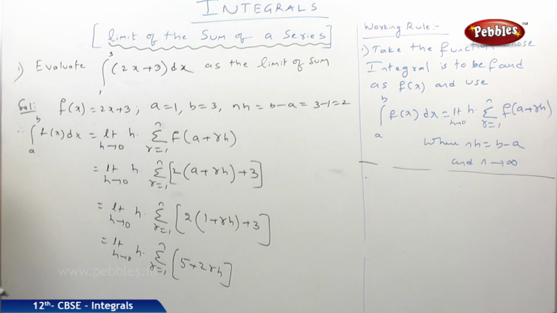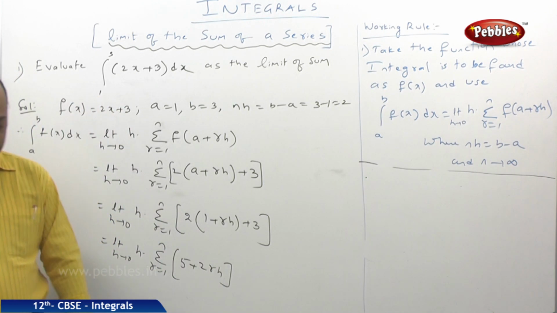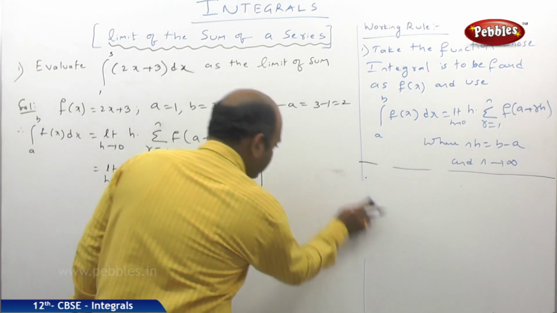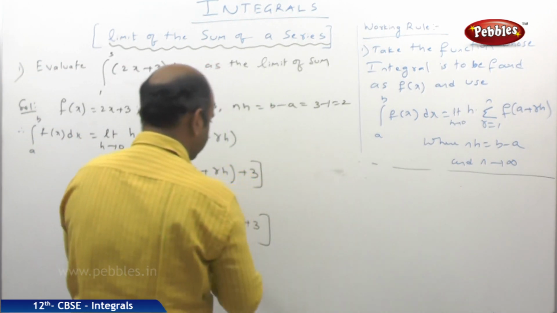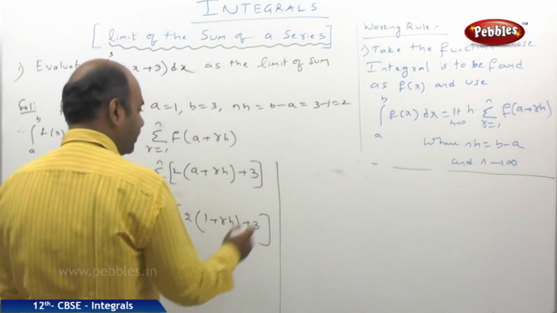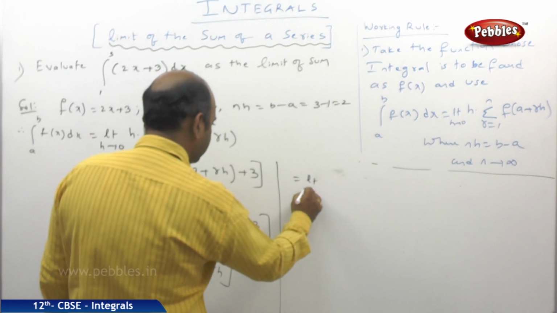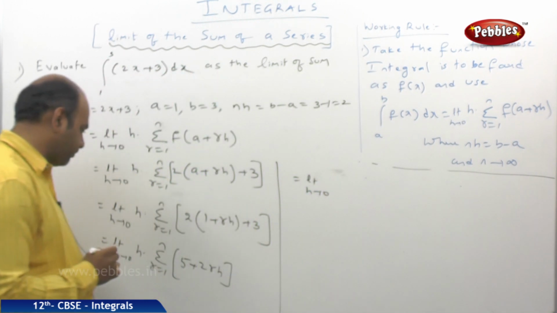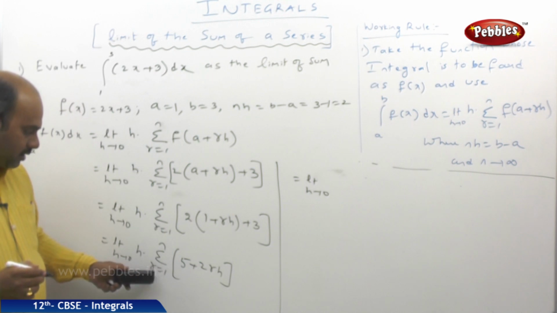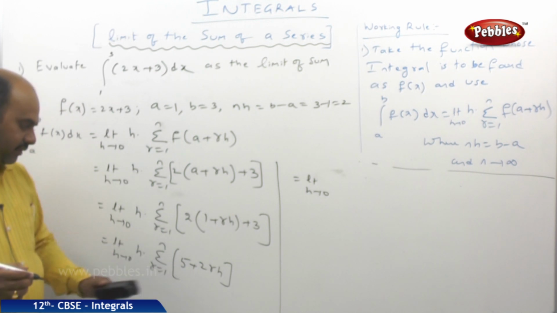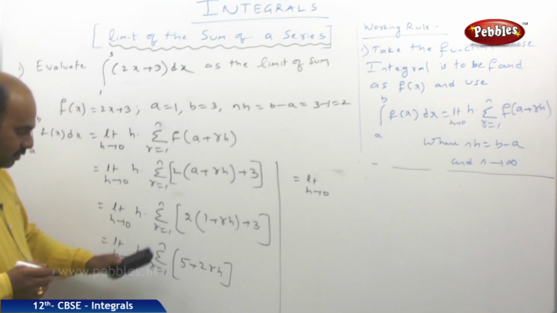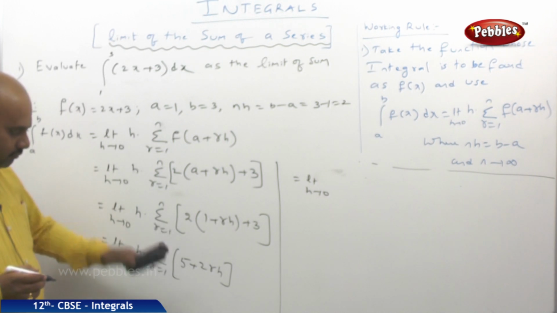2rh for us. Now I shall be using all the summation properties. So that is equal to limit h tends to 0, h into summation r equal to 1 to n 5, and 5 means 5 into summation r equal to 1 to n of 1.